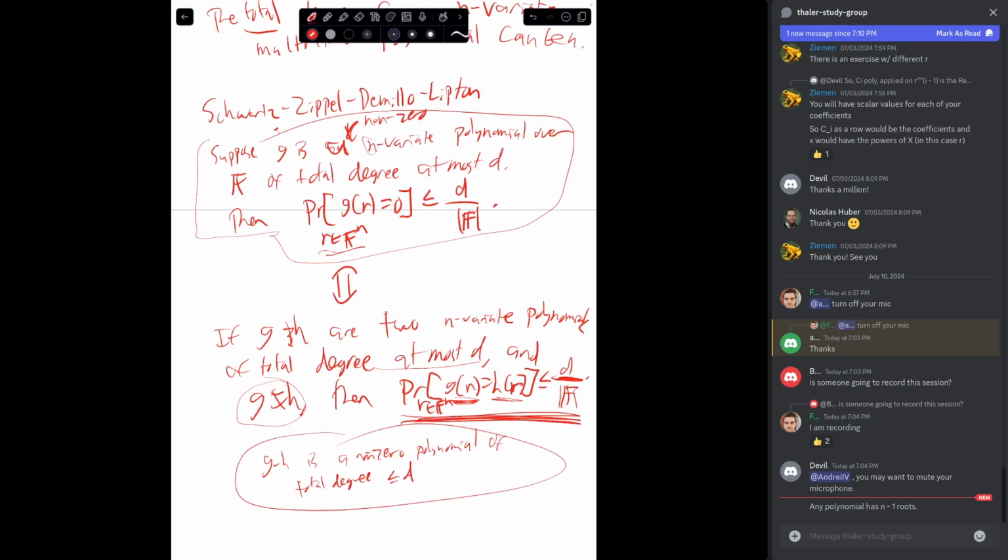So talking about the probability two different polynomials agree is the same as talking about the probability a non-zero polynomial spits out 0 at a point.